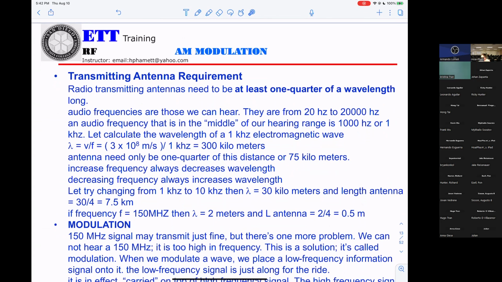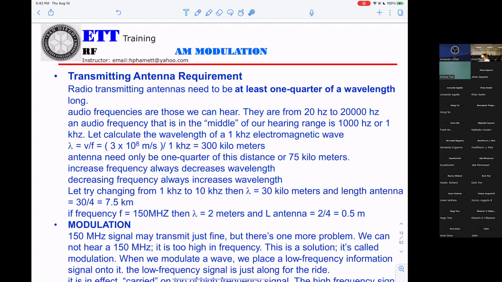Now, antenna requirement. A radio transmitting antenna needs to be at least 1/4 of a wavelength long. Audio frequencies are those we can hear.